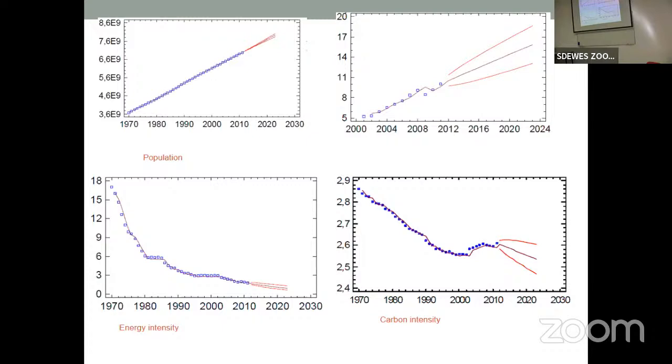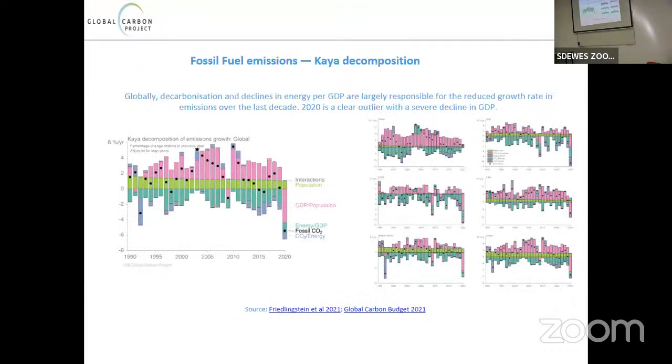So, okay, let's go. By the way, this is the role of each of the factors of the Kaya identity in the CO2 emissions. This is from the Carbon Project, maybe you know, it's a well-known group and web page, and here you see the role of each of the factors of the Kaya identity.